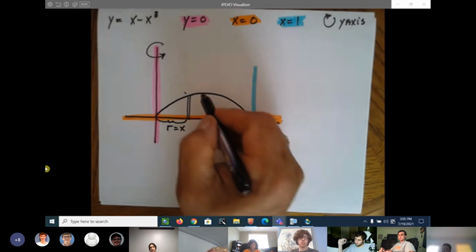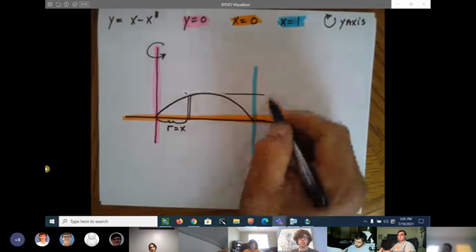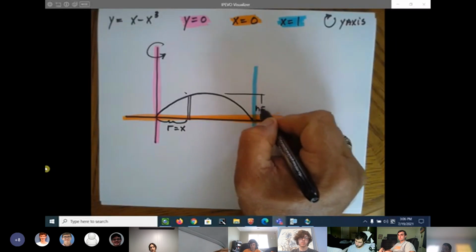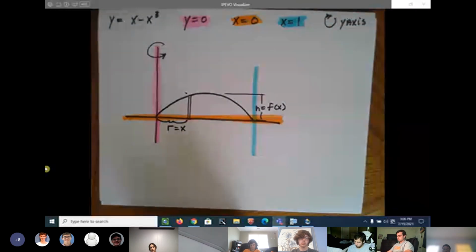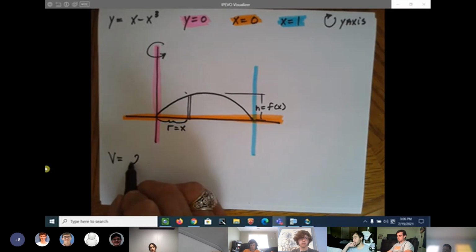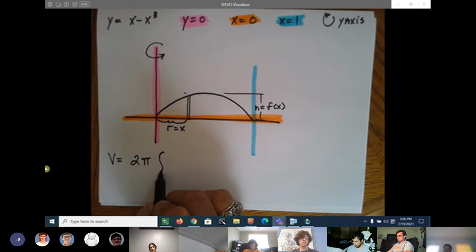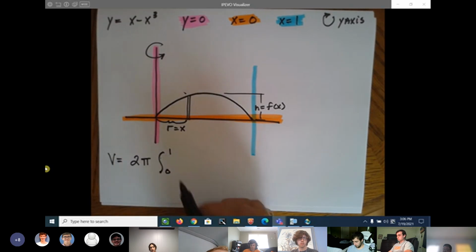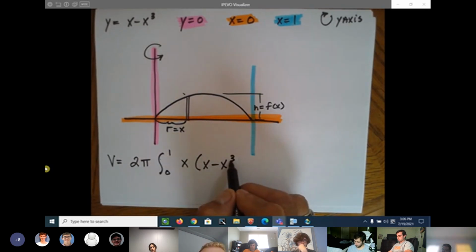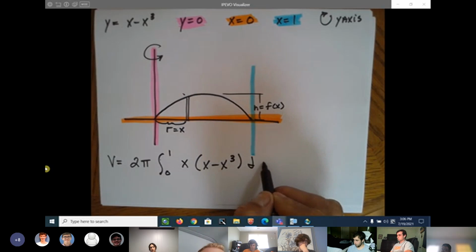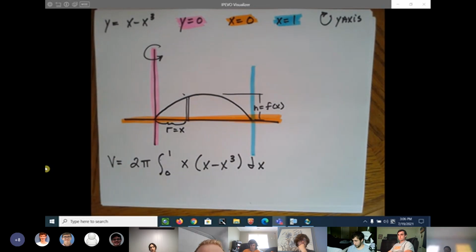And then the height is going to be equal to the function. So plug and chug, v is equal to 2 pi integral from 0 to 1 of x times x minus x cubed. There's the setup. Now you do it.